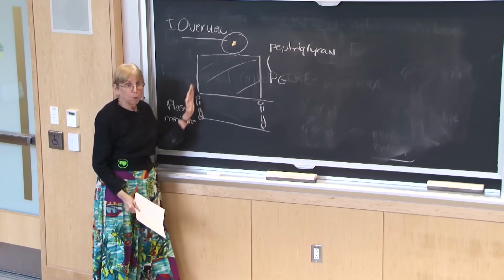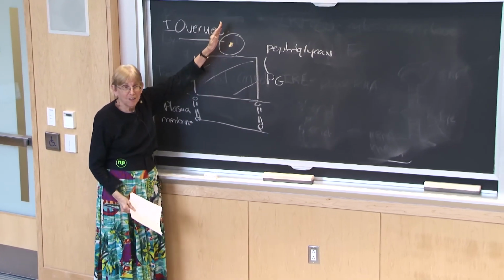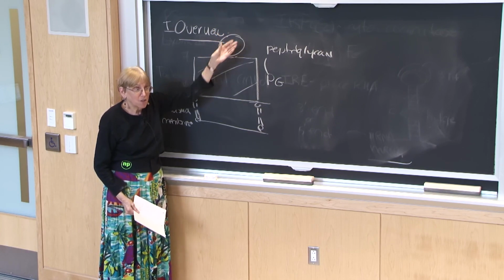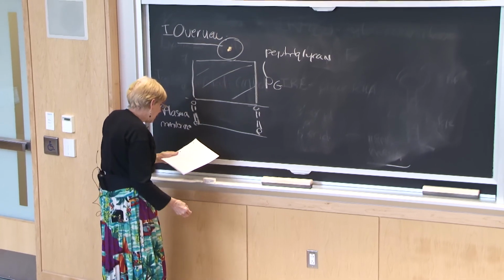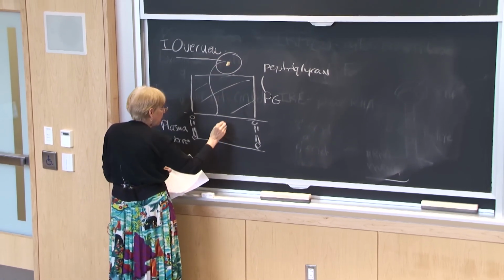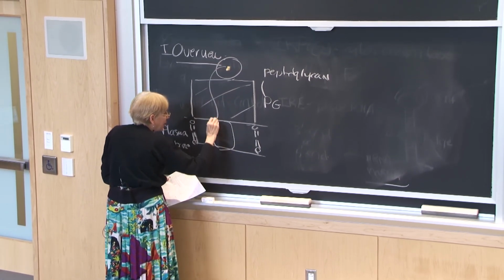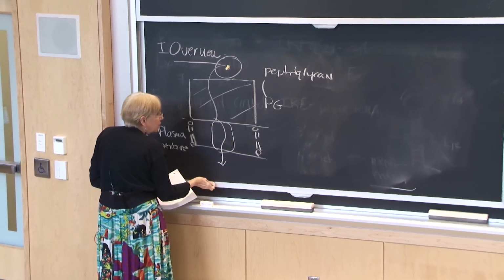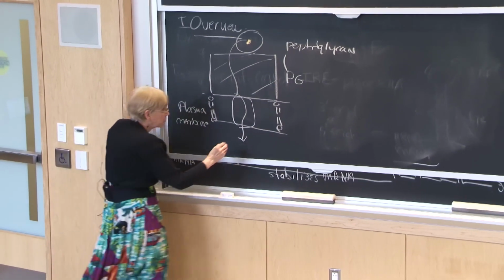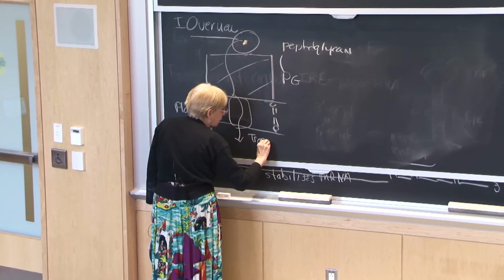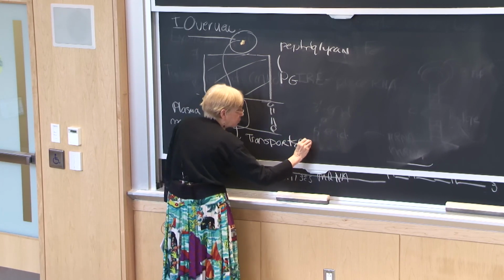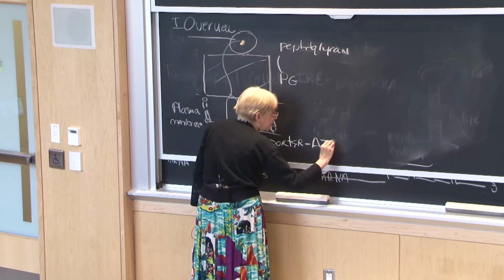Somehow these siderophores, and we'll look at a few structures, get to the outside of the cell. They pick up iron in the +3 state, and then they need to bring it back to the plasma membrane, and then somehow it needs to get transported across the plasma membrane. This is a transporter. Most of them are called ABC transporters, and they require ATP.